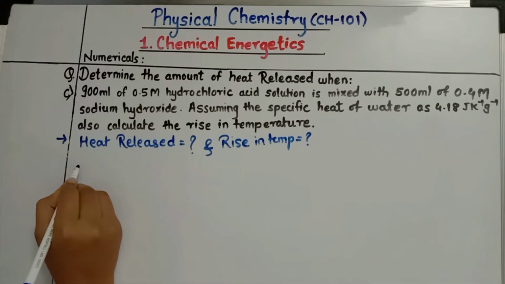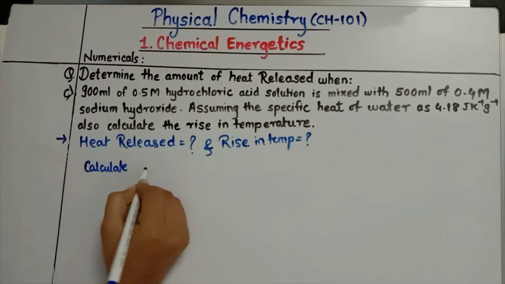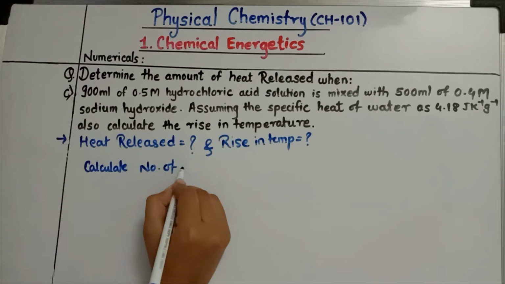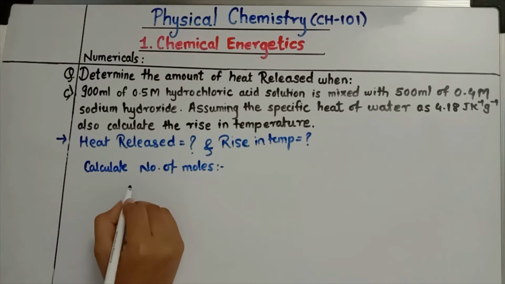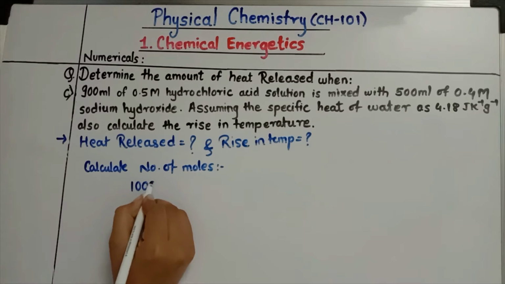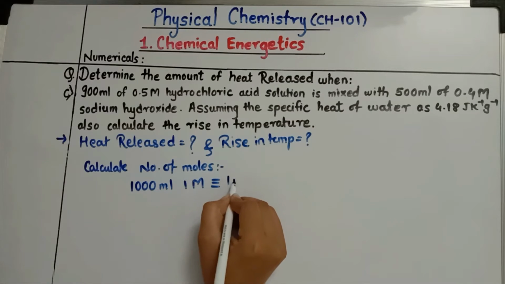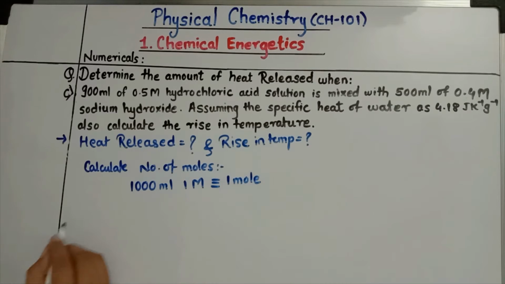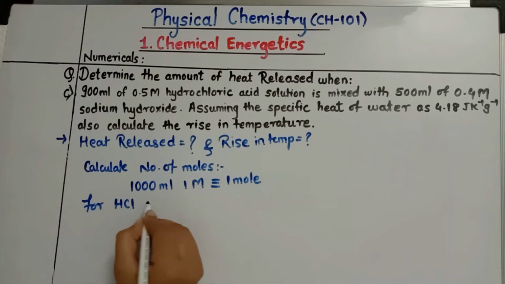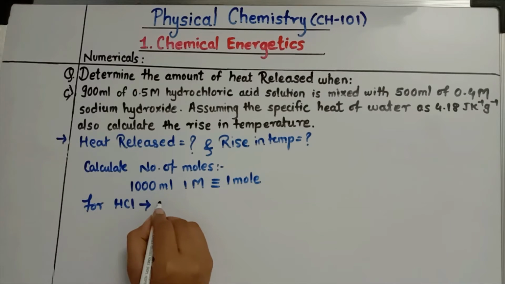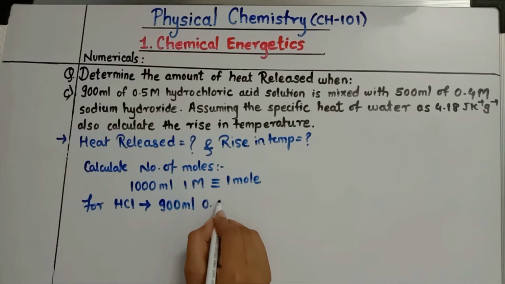First, we have to calculate the number of moles. And how will you calculate it? Always remember that 1000 ml of 1 molar is equivalent to 1 mole. So for HCl, how much is there? 900 ml and molarity is 0.5 molar.